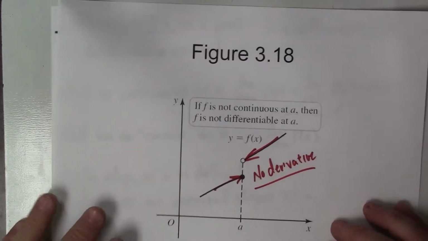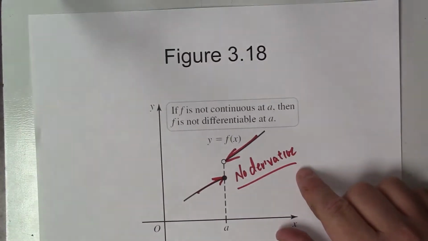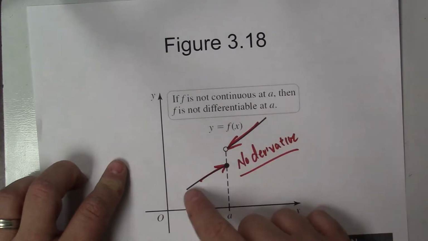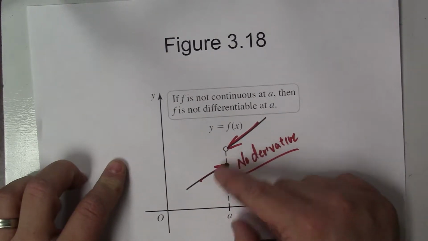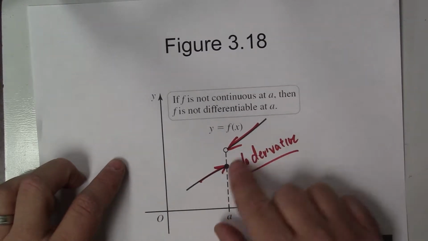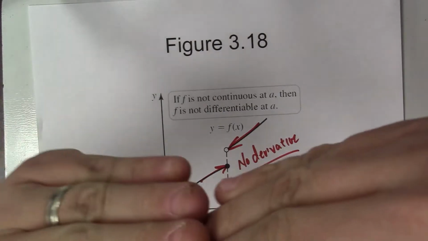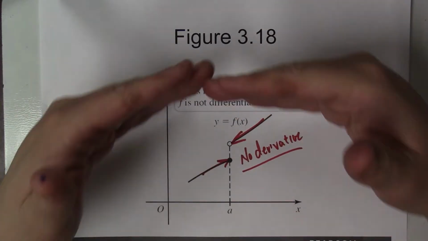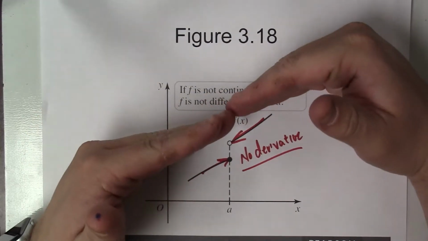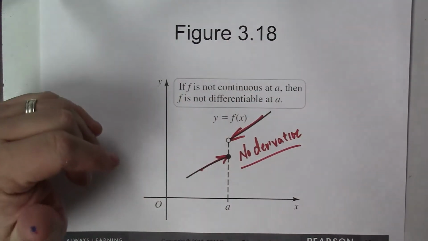Looking here, we notice there's clearly a gap here at a. We're getting ready to talk about the idea of whether the slopes are the same as we come in from the left to the right, so you can see if the slopes are coming in the same way, or if they're really wild, where one's going up and one's going down.